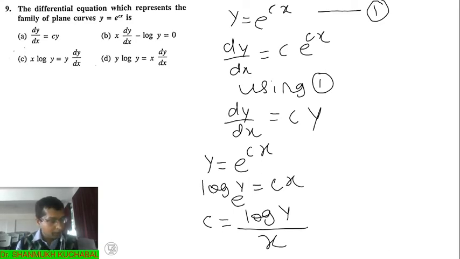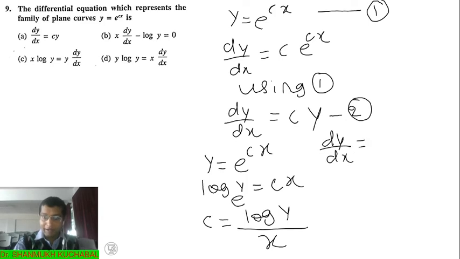So now in equation number 2 we have to substitute the value of c. So we get dy by dx equal to the value of c, it is log y divided by x, into y.